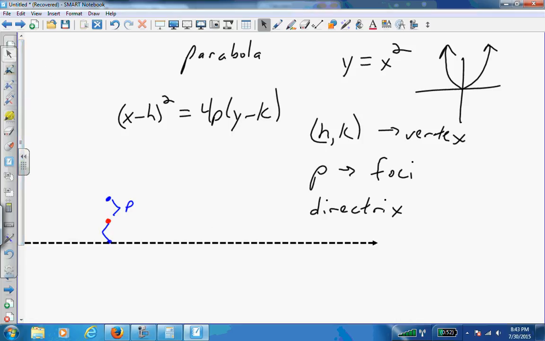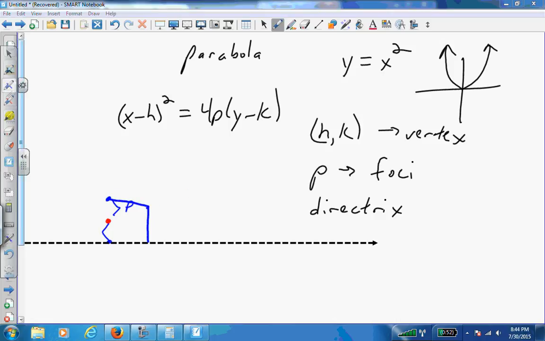If you were to draw a line through the focus and the vertex, the directrix is perpendicular to that line. The geometric description of a parabola is the set of all points that are equidistant from the focus and the directrix. If we pick another point on the parabola, its distance from the directrix has to be the same as its distance from the focus.